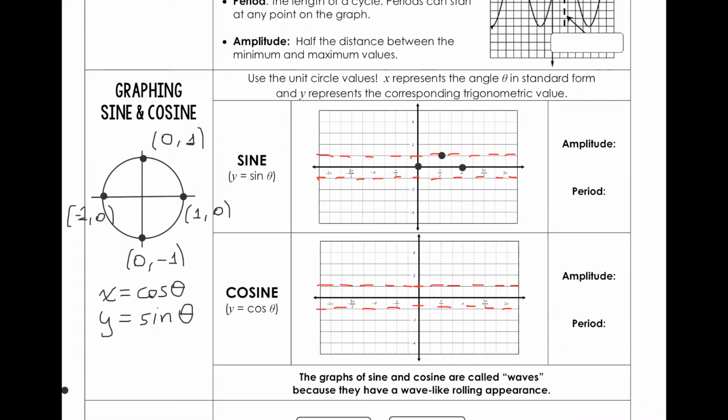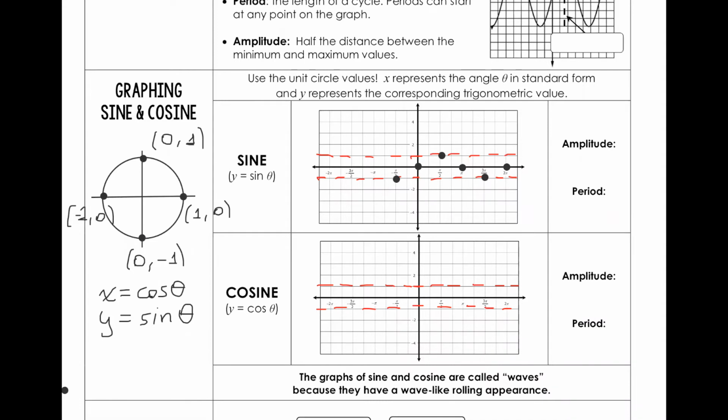At 3 pi over 2, I get -1, at 2 pi, 0, and so on. I can complete my way the other way around, or I can look at my unit circle and figure it out. If I have -pi over 2, which is -90 degrees, at -90 degrees we go down, and my sine is -1. So let's graph that.